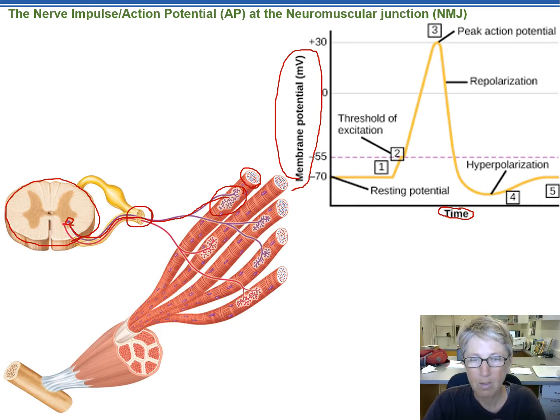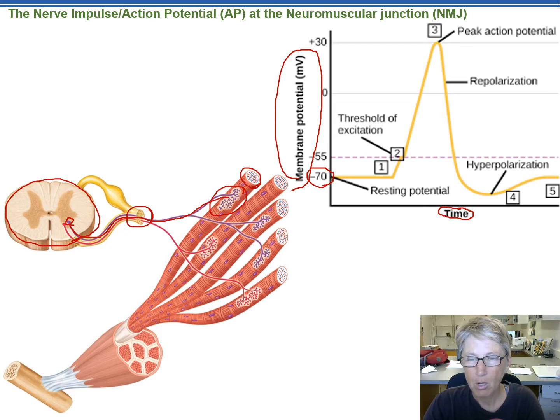And it shows here on the graph minus 70 millivolts, that's the resting potential, aka the resting membrane potential. That's when the voltage-gated sodium and potassium channels involved in an action potential are closed, so they're not open.